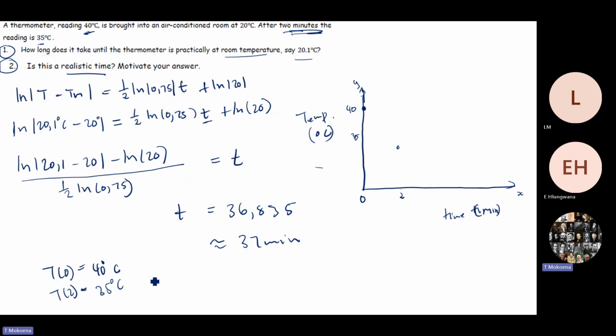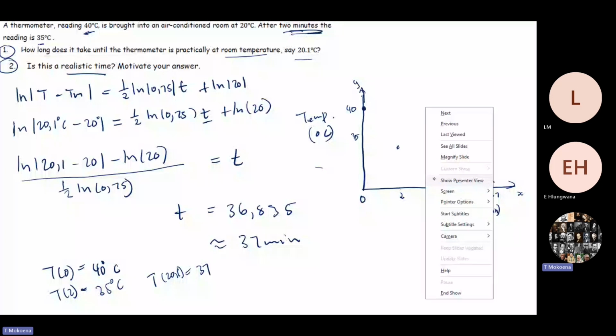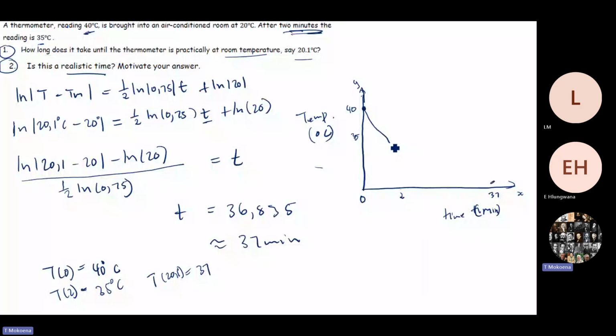And then when our temperature was 20.1 degrees, which is what we have just calculated over here, 37 is going to be far from there. So for the fact that this is far from here, if I were to draw this graph, it will give me an exponential graph. It's an exponential decay, which for sure will approach an asymptote.